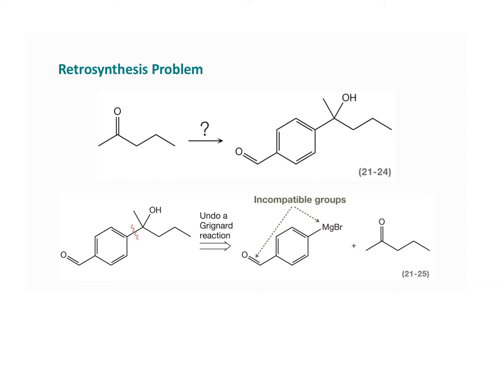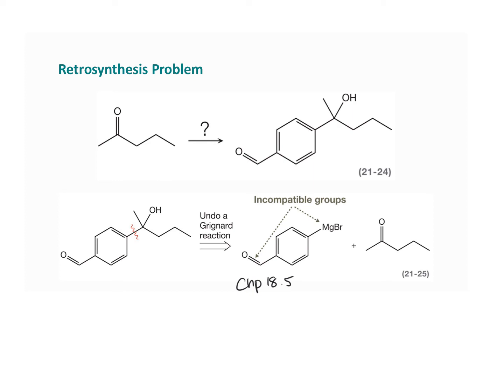So it may first appear that we can arrive back at the starting material through a transform that undergoes a Grignard reaction, like what we're seeing right here. However, we now have a carbonyl group, which, if you remember from chapter 18.5, is incompatible with Grignard reagents. Okay, so now we have a problem.